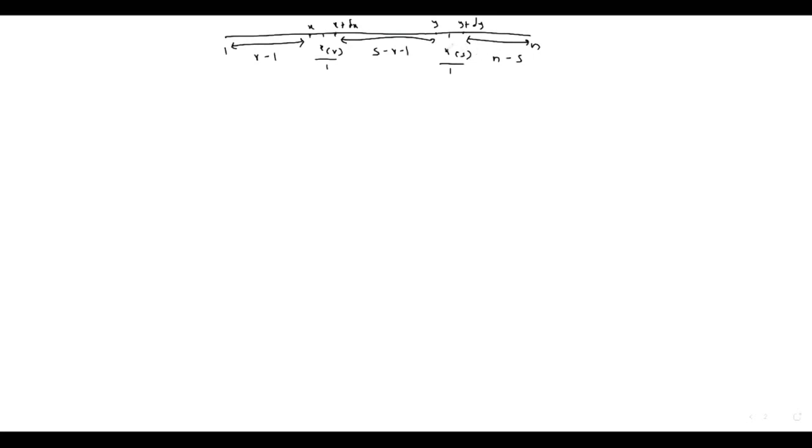So these are the 5 regions: the first region contains R minus 1 elements, the next region contains a single element, and the region from x plus delta x to y has S minus R minus 1 elements.